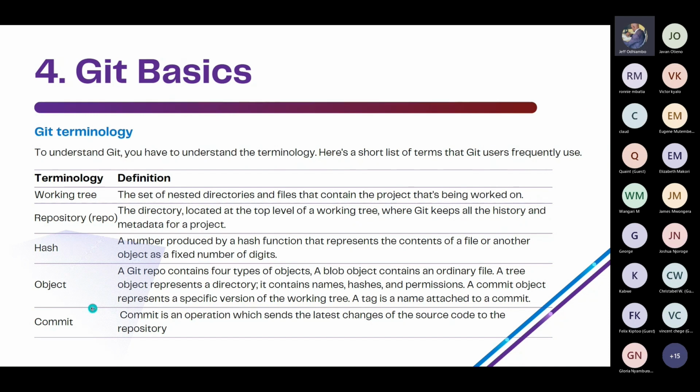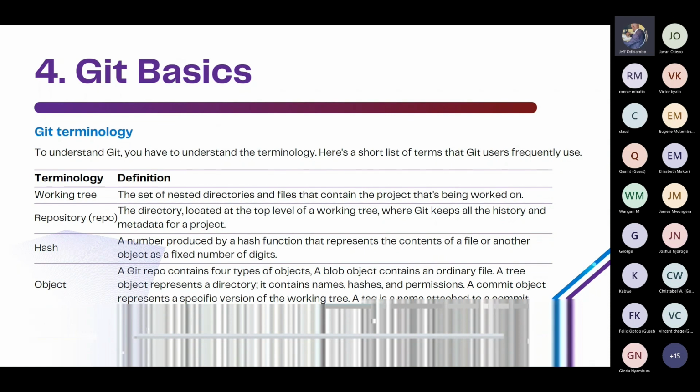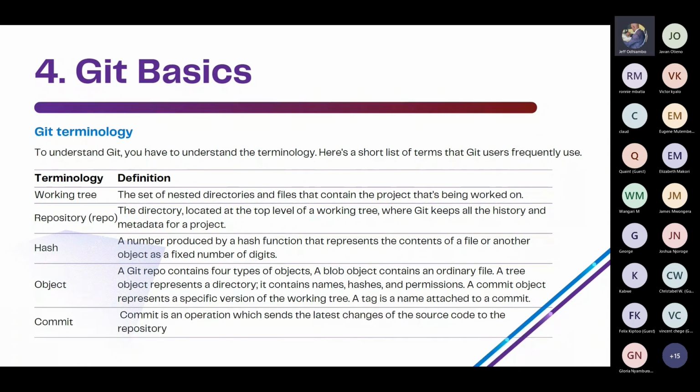When you talk of commit, for those who have done database before, maybe you've come across that word commit. To commit is to write the new change permanently, maybe to a disk, to make that change permanent. So in this scenario where we are working with Git, commit is an operation that sends the latest changes to a source code.